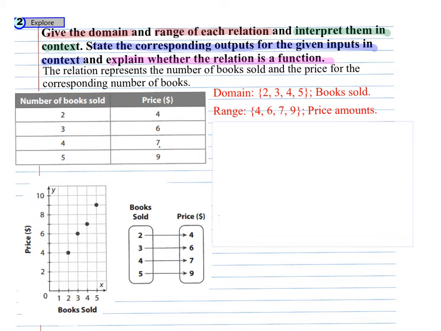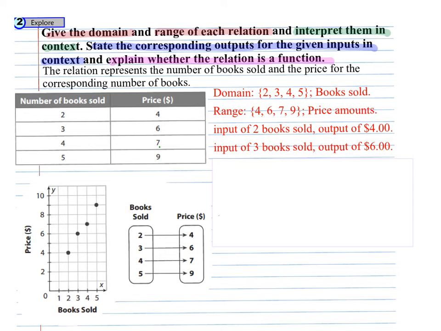The first one would be the input is 2 books sold, which means its output is $4. The next one is the input is 3 books sold, the output is $6. The next one is 4 books sold, the output is $7.